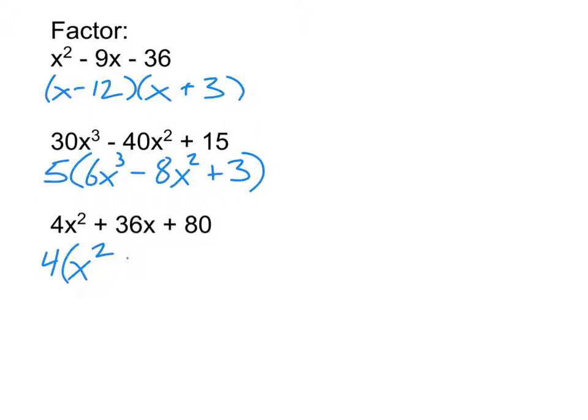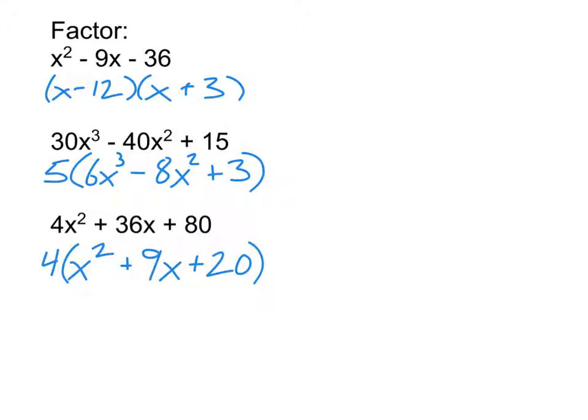All right, then plus stays a plus there. 36 divided by 4 is 9, so that becomes 9x. Plus 80 divided by 4. And yes, I'd expect you to do this without your calculator. 8 divided by 4 is 2, so 80 divided by 4 would be 20. Yep, very good.